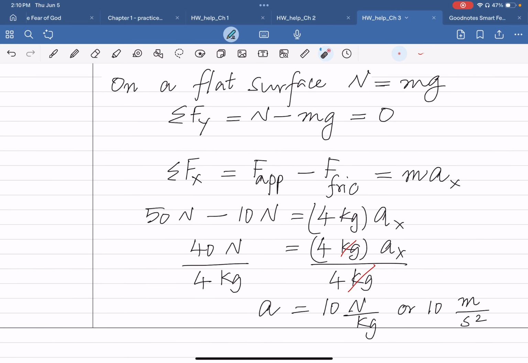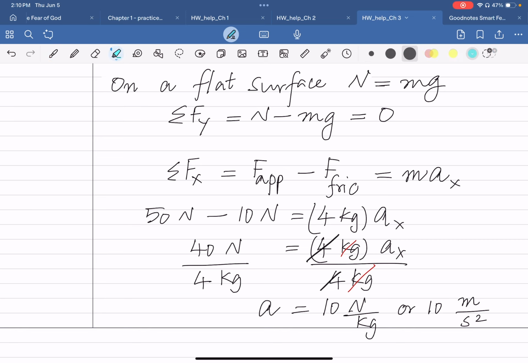Dividing both sides by 4 kilogram will get rid of the units, and also get rid of the 4 here. The 4 will also cancel out for sure. And you'll be left with 40 by 4, which is 10 Newton per kilogram or meter per second squared.